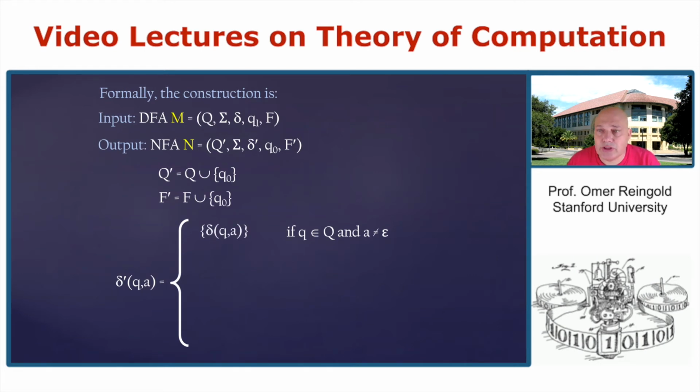So previous transitions are going to be kept. If Q is an accept state, we are going to add epsilon transitions to the start vertex. So if Q is an accept state and A is epsilon, then we are moving to the start vertex of the DFA of M.